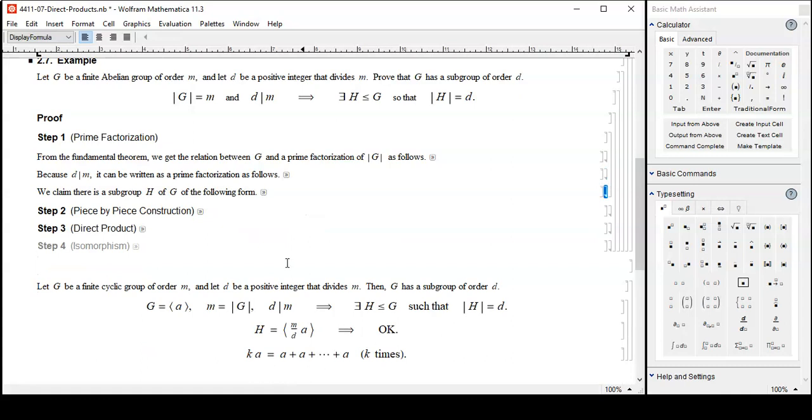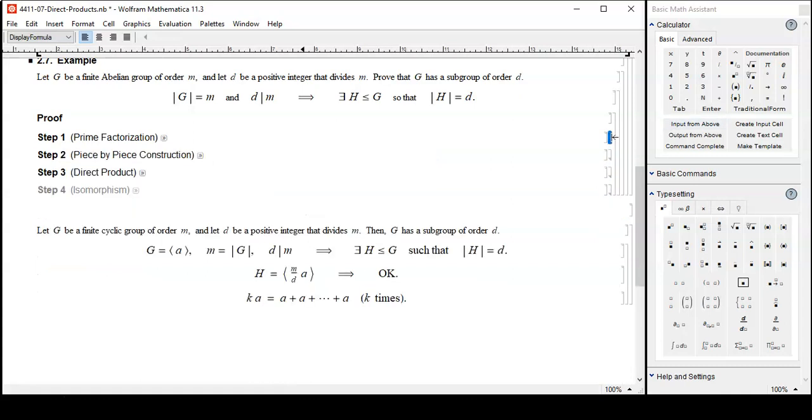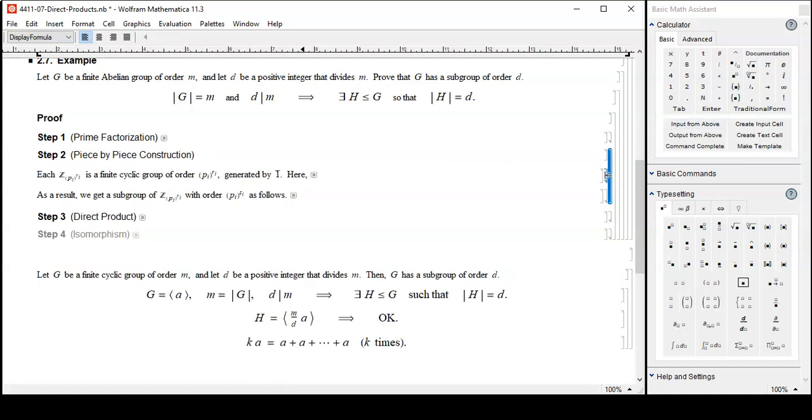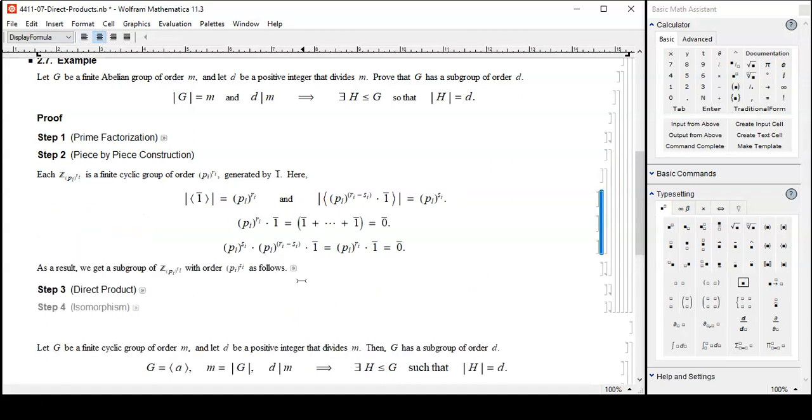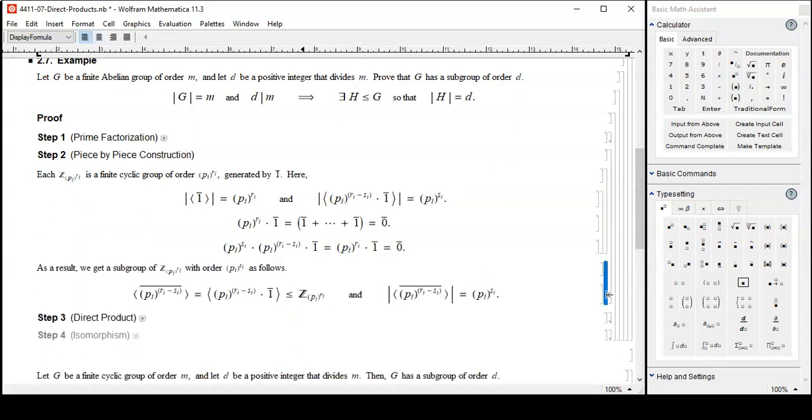And if you do not remember this, then you have to go to step 2, and piece by piece, we have to construct all that. And we can actually prove that piece by piece, those subgroups exist.